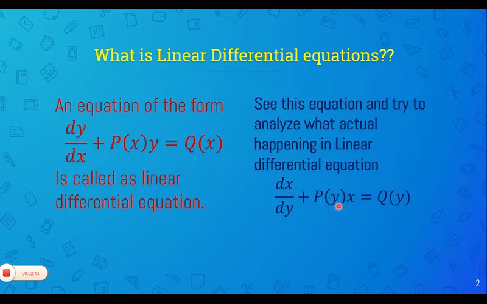Therefore, in the second term, there must be the variable x, and the coefficient of x is denoted by p. Now this p will be a function of y only, or it may be a constant. And the right hand side is again a function of y only, or it may be a constant. So this is also a linear differential equation.